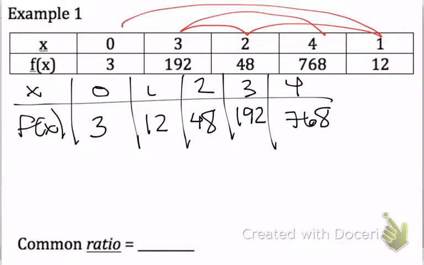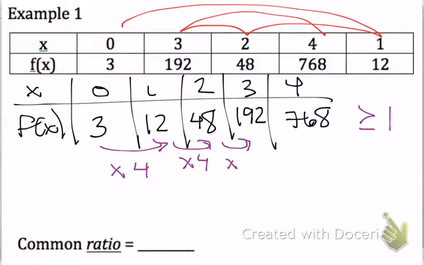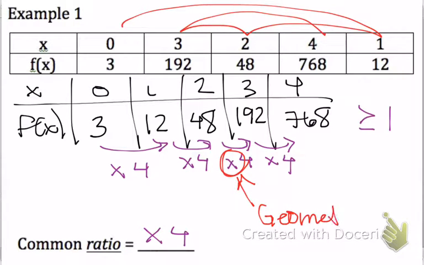So now let's look at how it is changing. Well, it's getting bigger, so that is greater than 1. And so we have a times 4 here and a times 4 here. So double check, but that should be times 4 over and over. So common ratio of times 4, and because it is multiplying, we can say geometric or exponential.